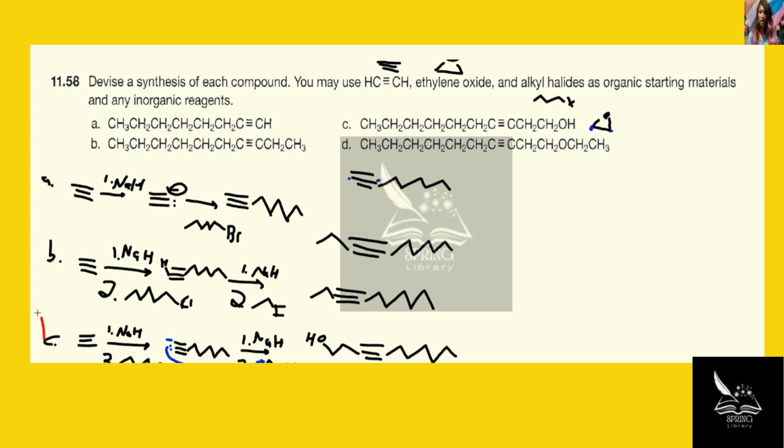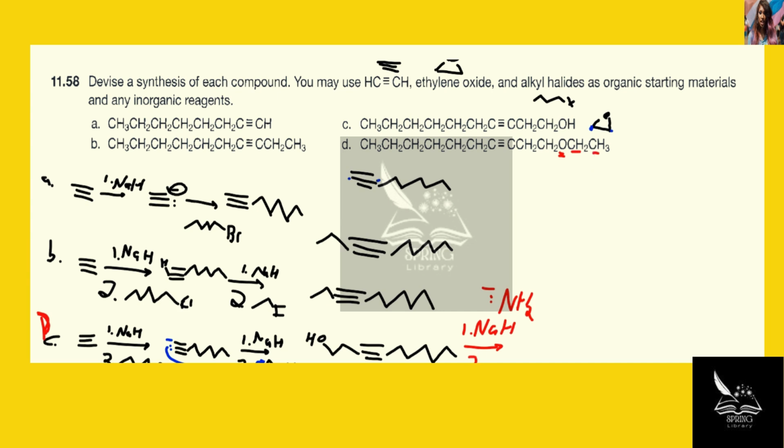So for D, we need to redo all these steps of C to get to this point: we add our 6 carbons to our acetylene, then we deprotonate it and add the ethylene oxide to get this alcohol. Now we need to deprotonate this alcohol with any deprotonating agent like sodium hydride or an amide, NH2 minus, and then we'll get an O minus nucleophile, which needs to attack an electrophile.